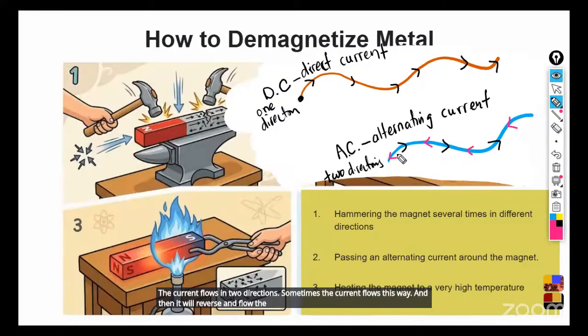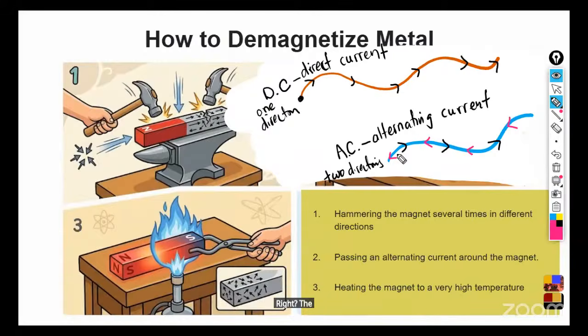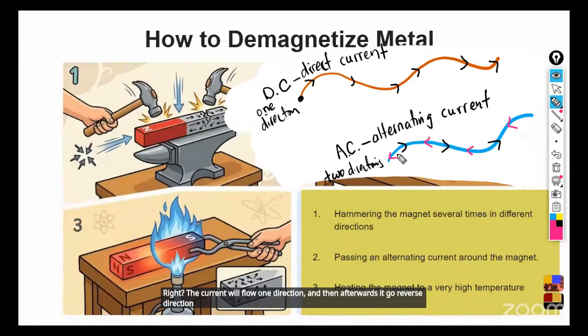Now, it doesn't flow both ways at the same time. It will flow one direction, the current that's flowing through the wire, the current that will shock you, right? And then afterwards it will reverse direction, going forwards and backwards, forwards and backwards. So that's the difference between direct current and alternating current.